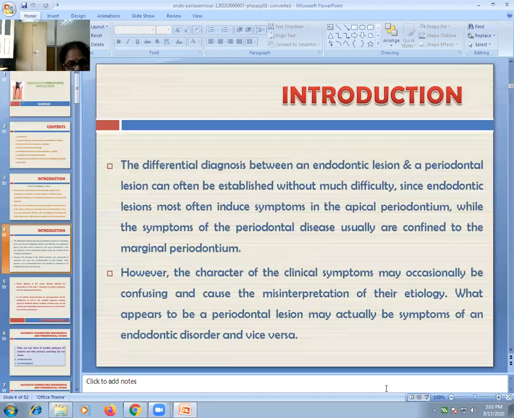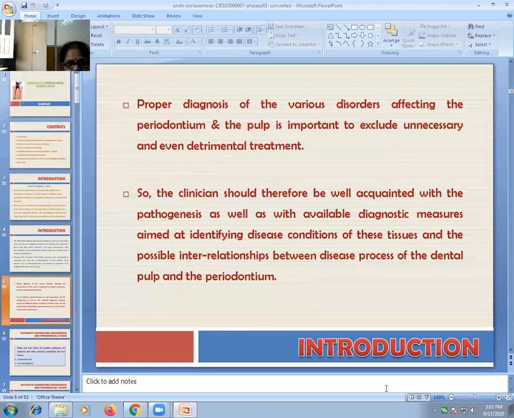But when you go for the clinical diagnosis, there is always misinterpretation about etiology. It is difficult to differentiate between pulpal origin and periodontal origin. How to differentiate them, we are going to discuss today.